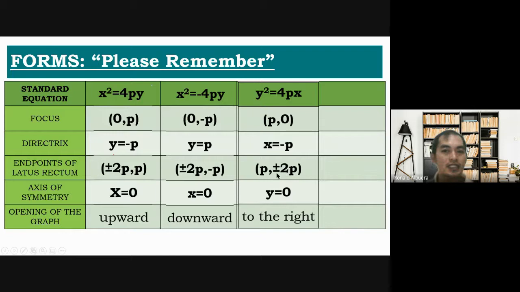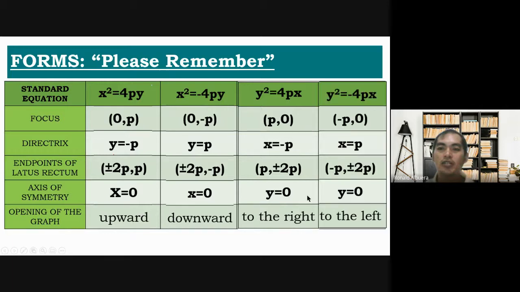Because the length of the latus rectum is 4p, and to the right or left, up or down, the axis of symmetry divides it into two equal parts. That is why we have 2p. The axis of symmetry is y equals 0. It's an equation. And the opening is to the right.